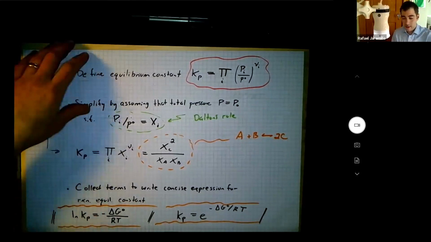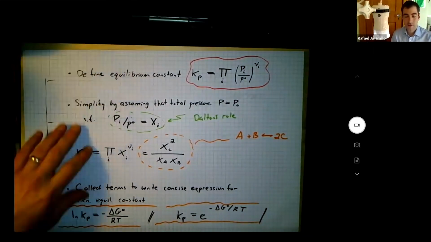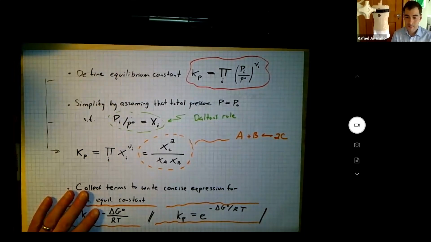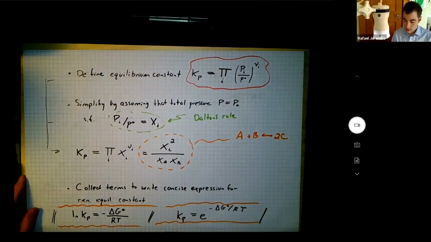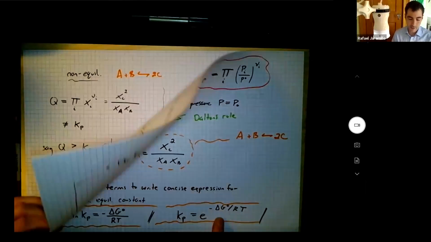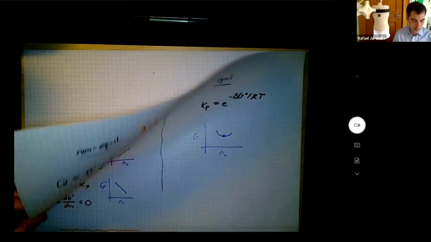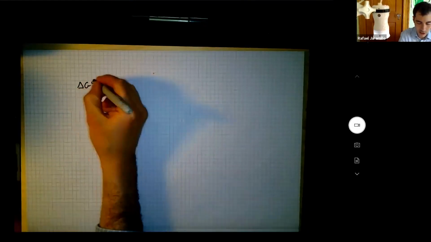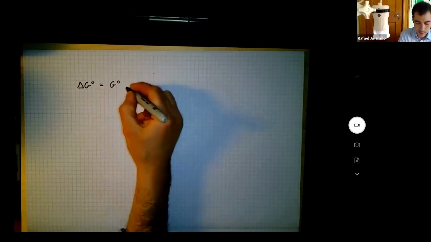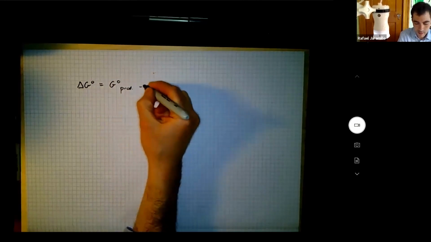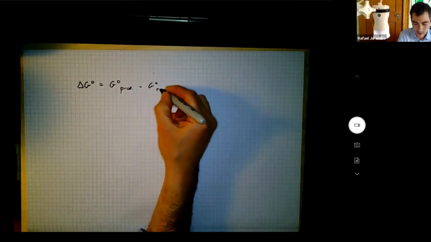So on the P set, you're asked to evaluate the equilibrium condition for a couple of reactions. And that often boils down to finding the delta G's. So I want to make this really explicit here before moving on. Delta G naught equals G naught products minus G naught reactants.